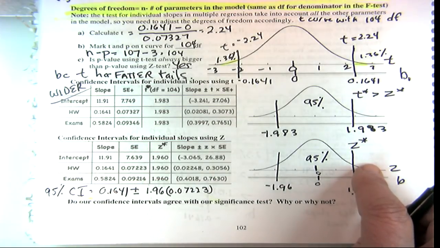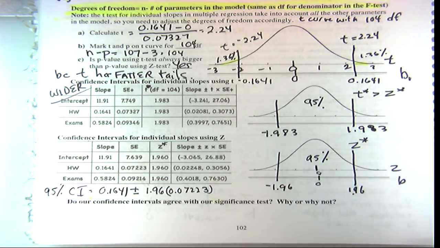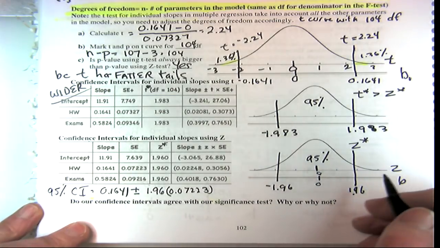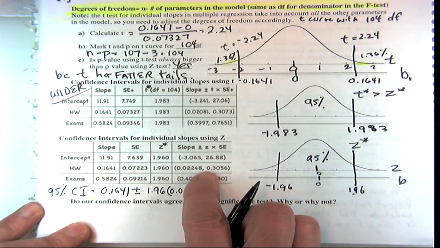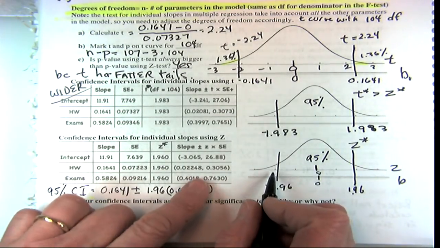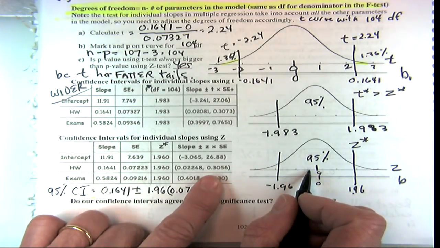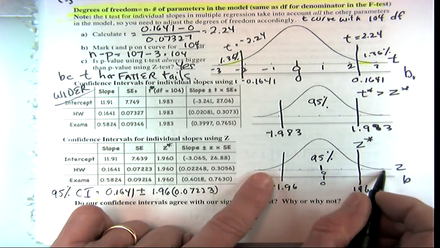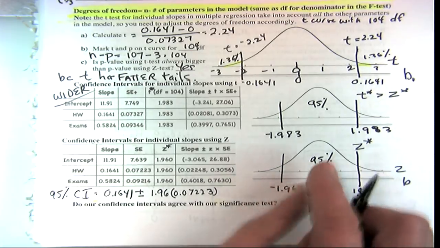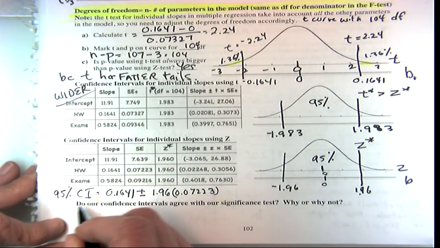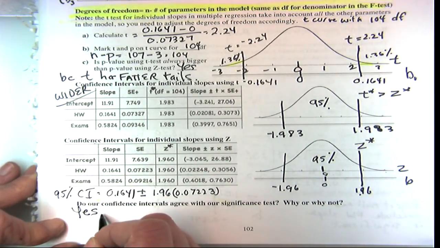It's logically equivalent. If one is true, the other is true. So see how this does not include 0? So yes, it does agree.